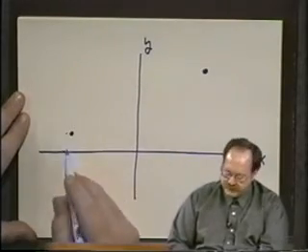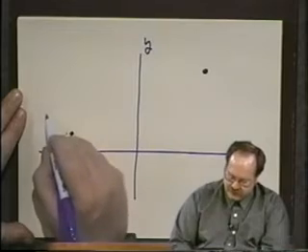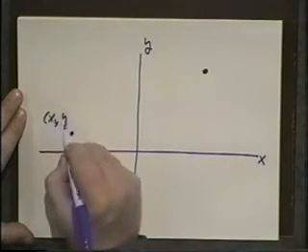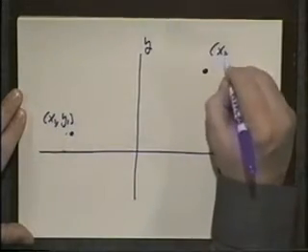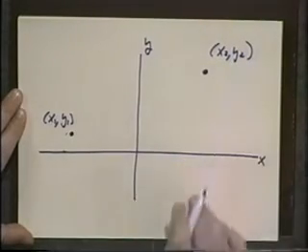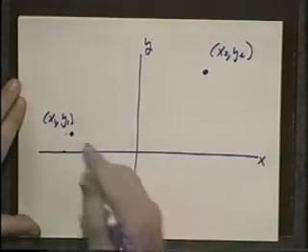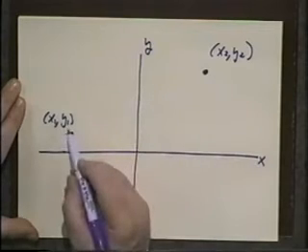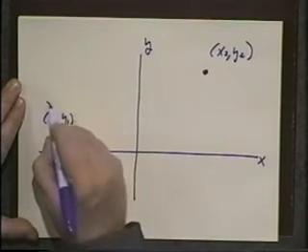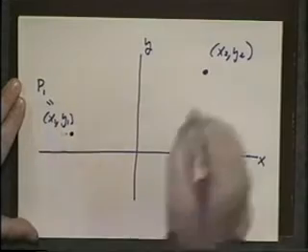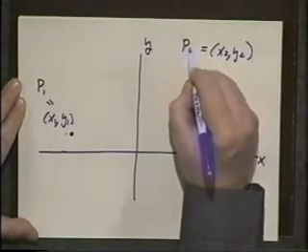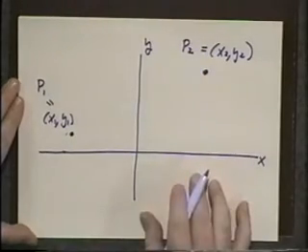Now let me call the one on the left, for no particular reason, x1, y1, and I'll call this one up here x2, y2. And since those are the numerical addresses, I might also want to refer to these as point P1 and this is point P2. That will just make the notation easier.